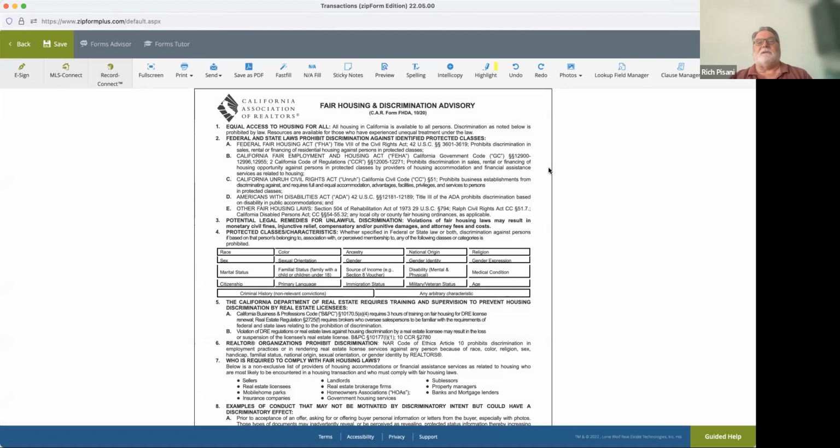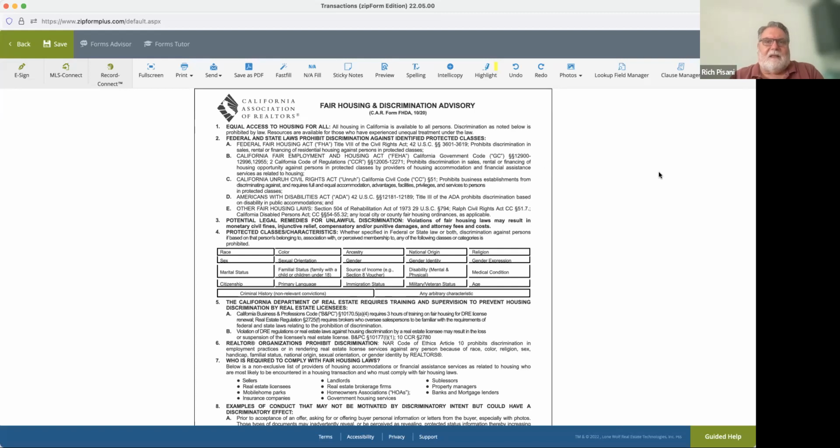Last month was Fair Housing month with CAR. They did a whole, I think on the 18th or something, they did a whole day of activities surrounding it. There are certain classes of people. They are listed here in number 4 in California.